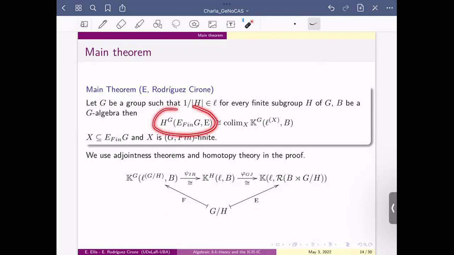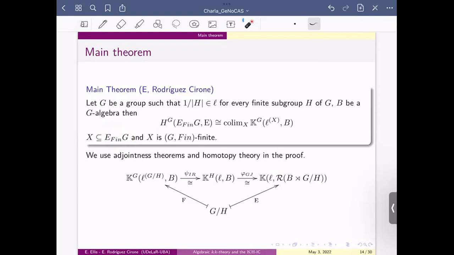Then the left-hand side of the KH-isomorphism conjecture is equivalent to the colimit that runs over the G-finite subcomplexes of this space.